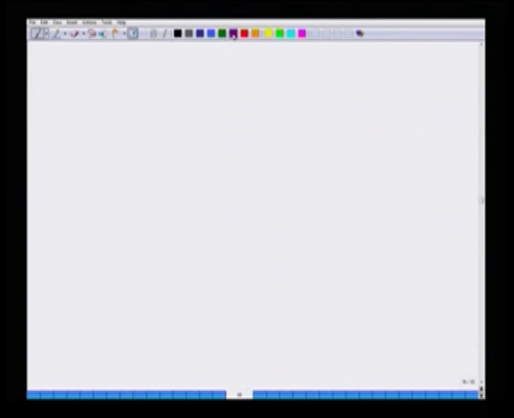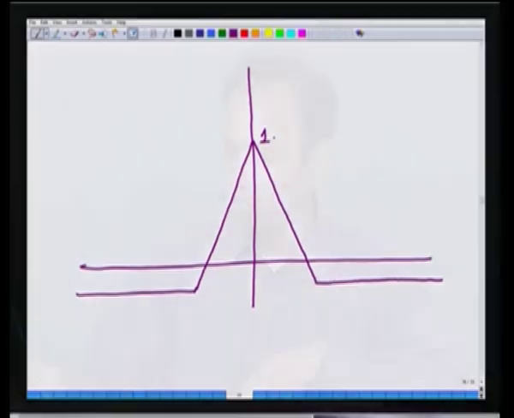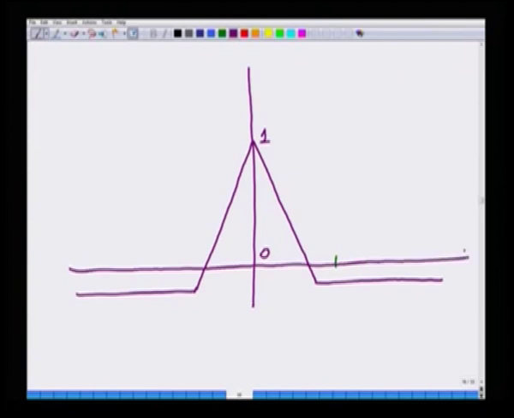So, if I represent this pictorially, at 0 the correlation is 1 and then it falls down to minus 1 over n for any other shift. So, the correlation looks like this. This is 1, at 0 the correlation is 1, at 1, 2 or at any other value it falls down to minus 1 over n.